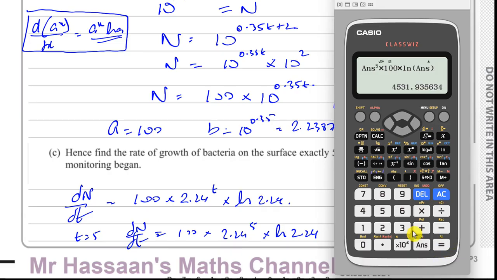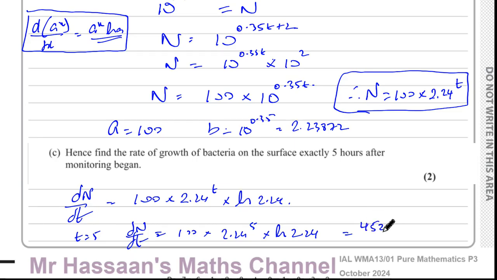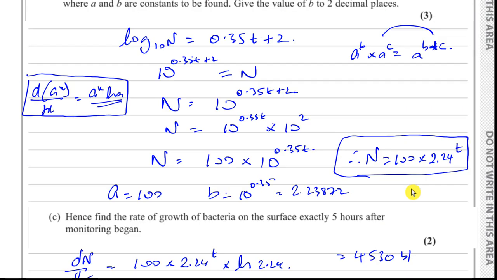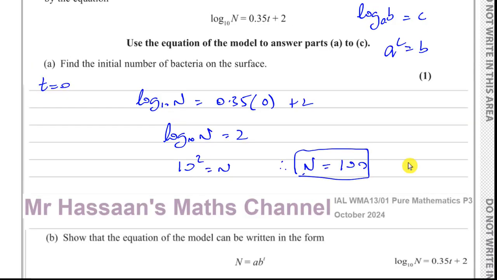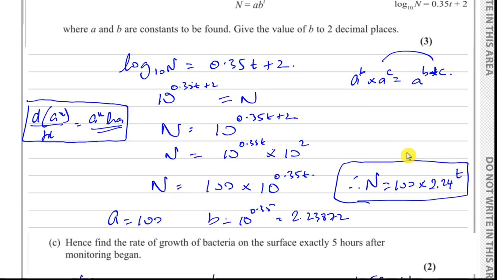And that gives us 4,531.935, which to 3 significant figures is 4,530 bacteria per hour. They didn't tell us how to round it to 3 significant figures.